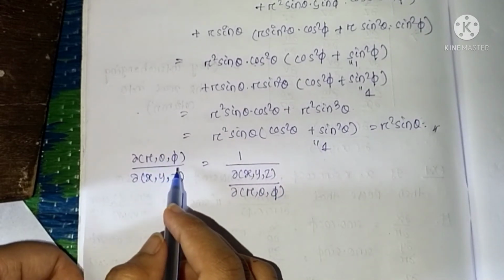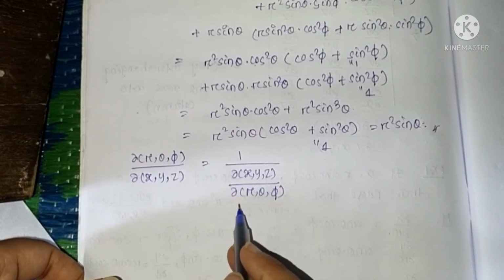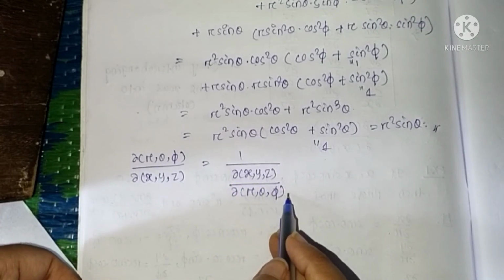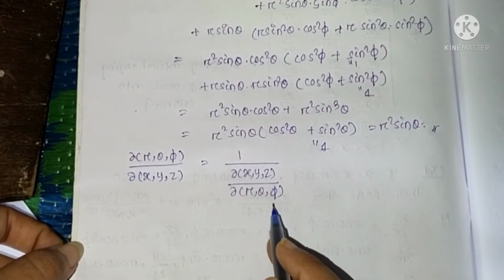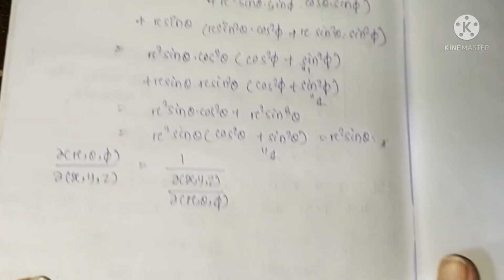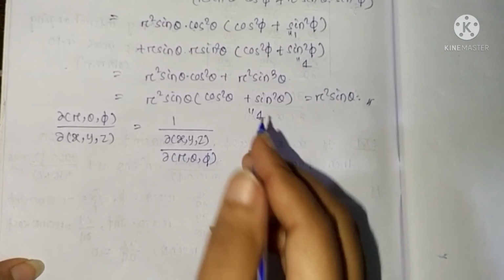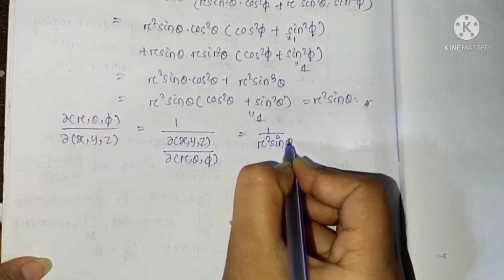We can write it as 1 by ∂(x,y,z)/∂(r,θ,φ), and that is r² sin θ, so it is 1 by r² sin θ.